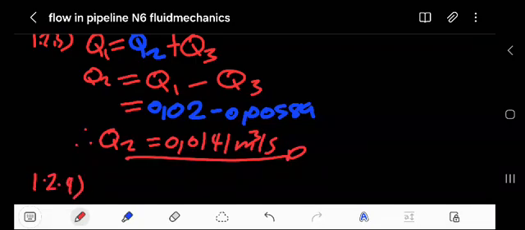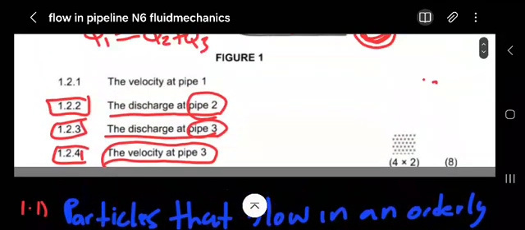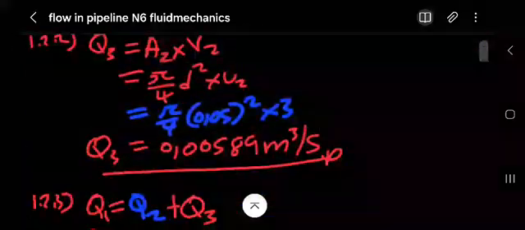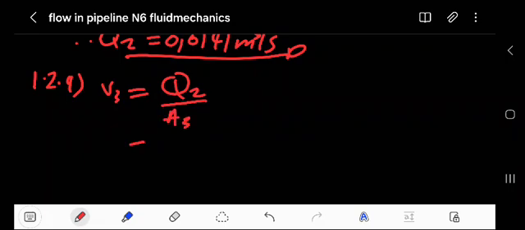We want the velocity at pipe 3, which will be V3, simply equal to Q2 divided by the area of the diameter of pipe 3.